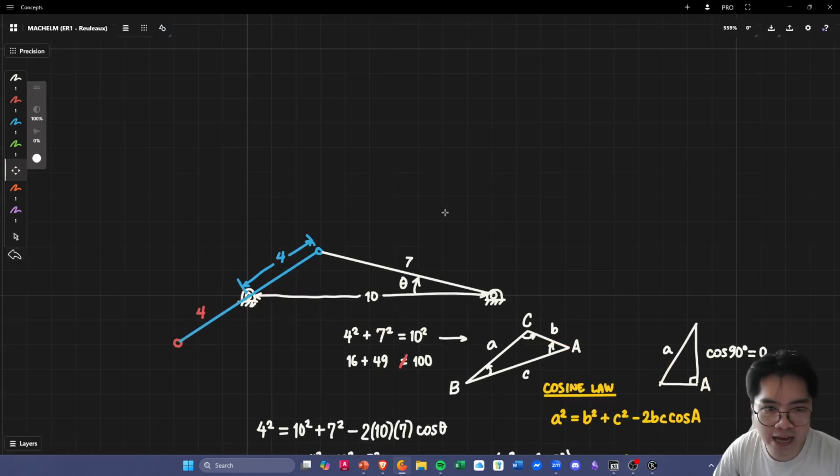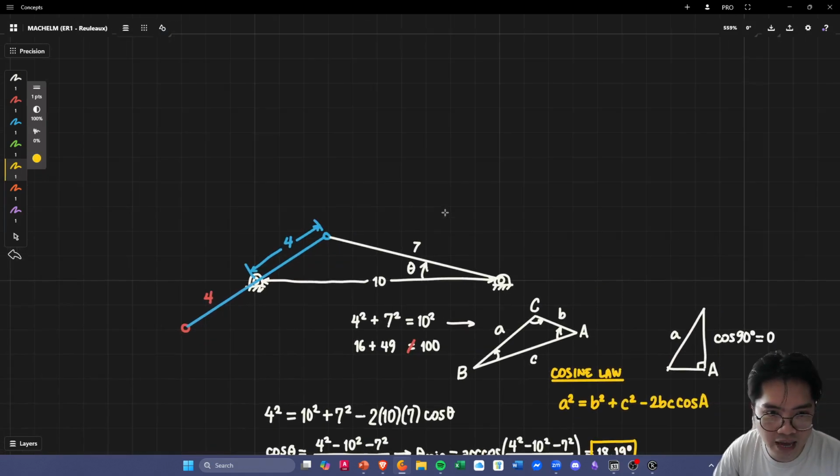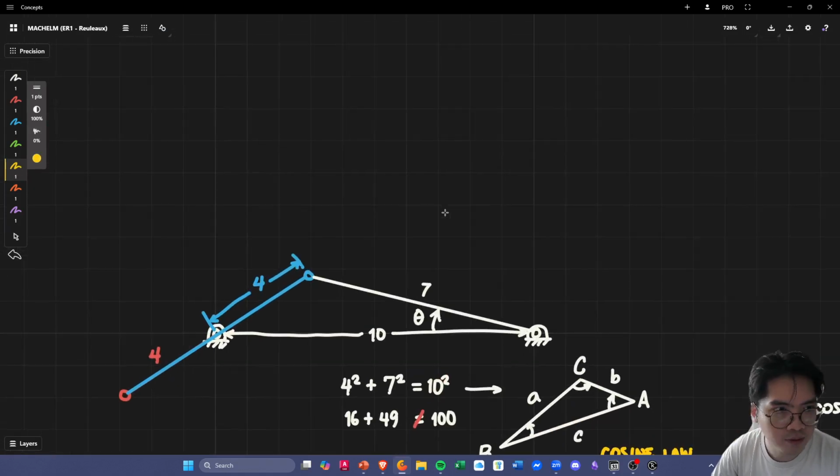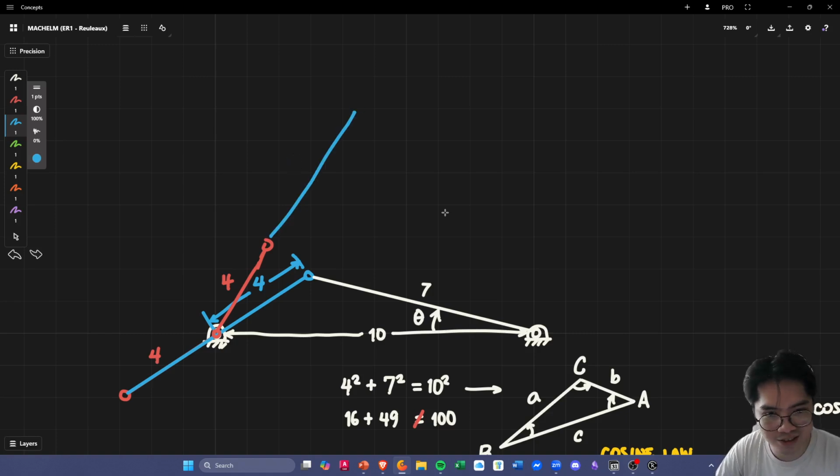And now for our maximum, what we're going to do instead is add up the blue and the red links. The red link is the turning link, which is 4, and then the blue link, which is going to be 8. So we will have in here 4, maybe something like this, and then the blue link, which is going to be 8, and I don't think that's the right configuration.